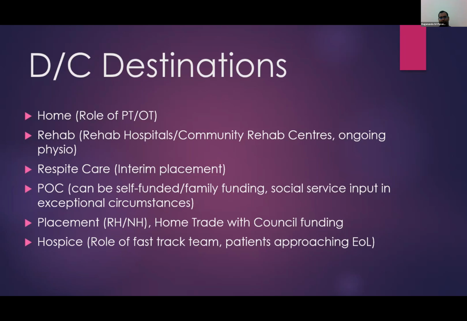And then, of course, the hospice. We talk about this end-of-life care team or fast-track team. Again, very important for patients who are approaching end of life, for example a patient with ovarian cancer who develops a massive amount of ascites, swelling in the tummy. The hospices are normally very good at managing their pain or agitation, if they have any secretions, and things like that. And they themselves can do a lot of the procedures, for example ascitic drains or chest drains.